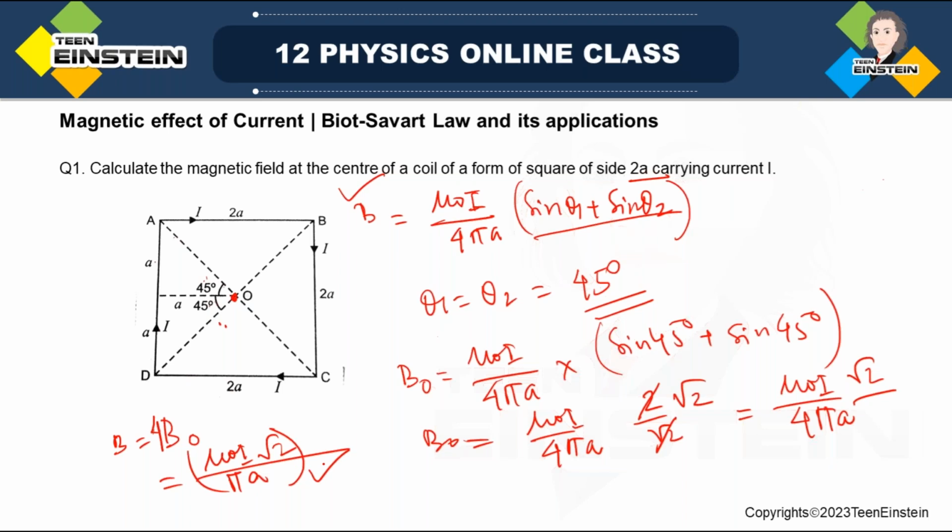So this will be the magnetic field at the center of the square of side L is equal to pi by 2.